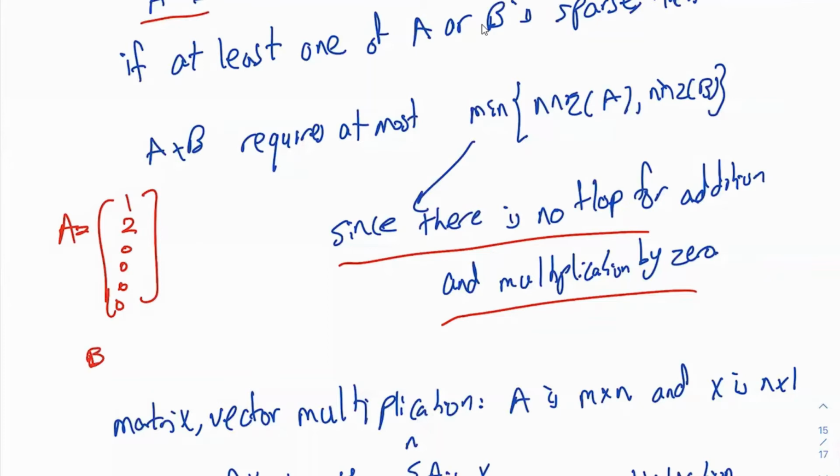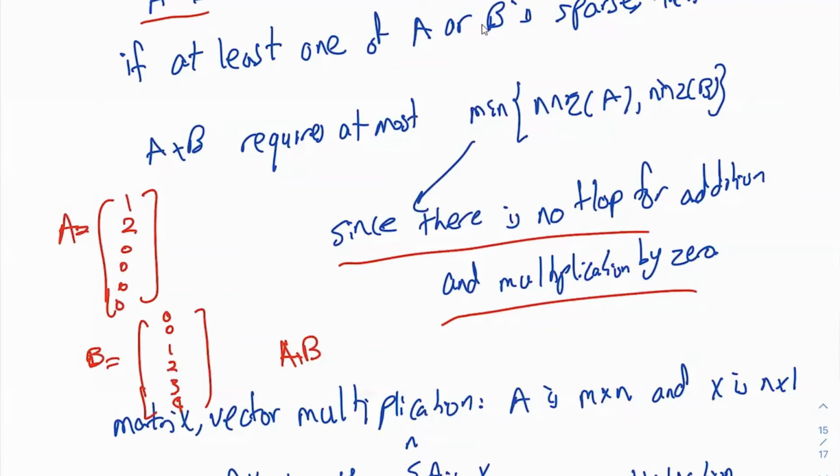Let's consider it like a vector, for example, because vectors are like matrices. And B is 0, 0, 1, 2, 3, 4. When you add A plus B, how many flops do you have? Zero, because they don't have any pattern of overlapping non-zero elements.